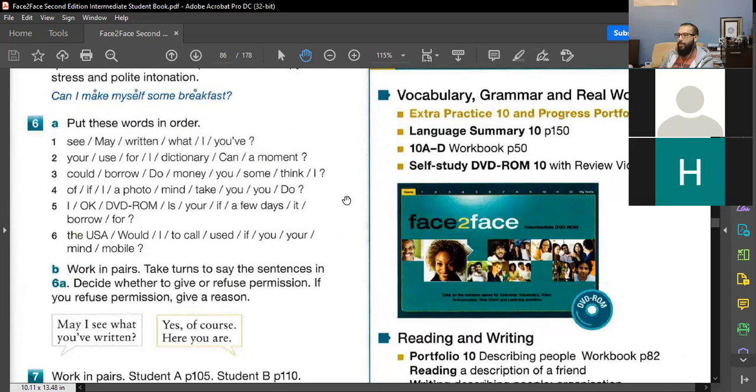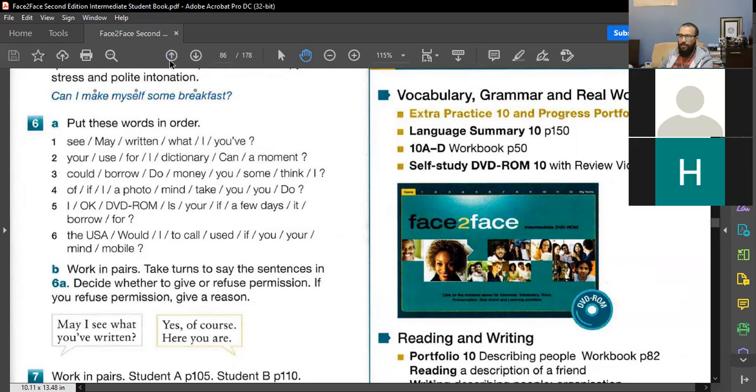First of all, we want to put the questions asking for permission. All of these are asking for permission. After that, we want to practice answering them. If you want to give permission, you can, but if you refuse permission, you have to give a reason. This is the idea. But first of all, let's put the words in order.